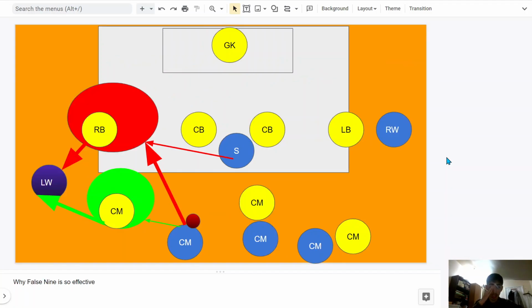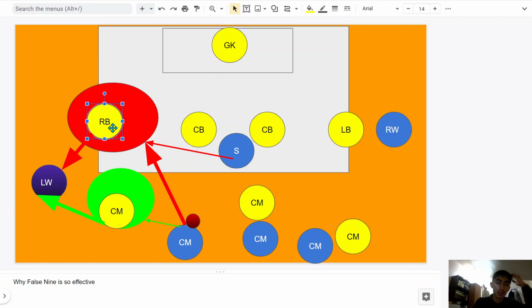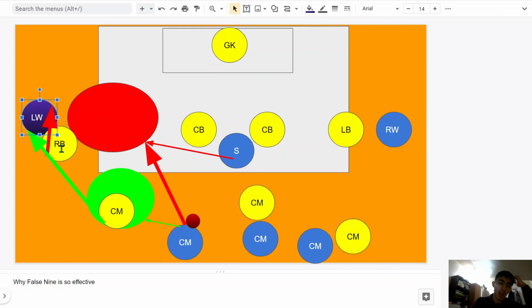And now this slide is about why the false nine is so effective. I think I've already talked about this earlier, but I'll reiterate it. Let's say I'm over here, right? Let's say I'm off the ball. I don't have the ball. If the right back here, who is in this red space at the moment, decides to follow me like this, and block me from ever having the ball, now look at this lucrative space that's opened up for two players here.